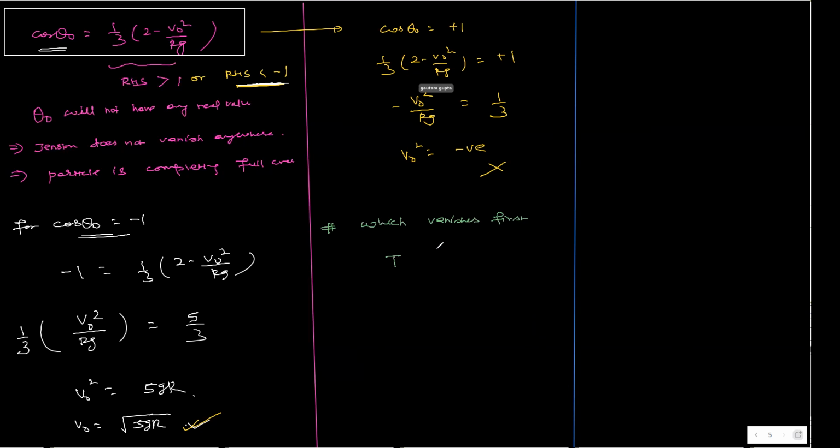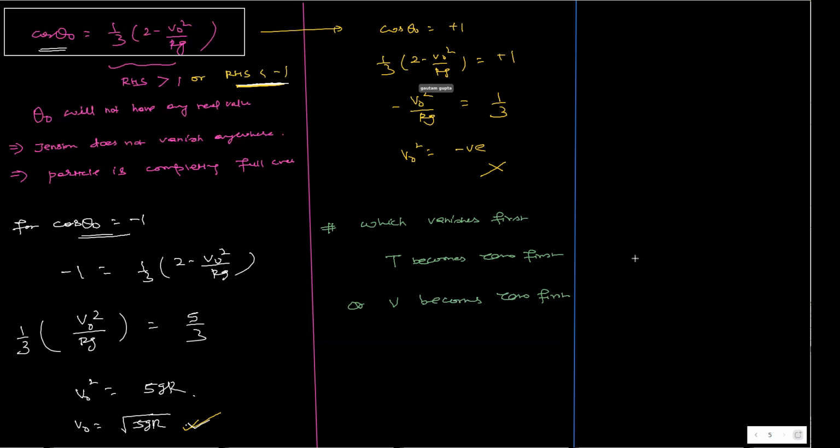Either T becomes 0 first, or V becomes 0 first. That you have to analyze in any question. So the trajectory will be different.